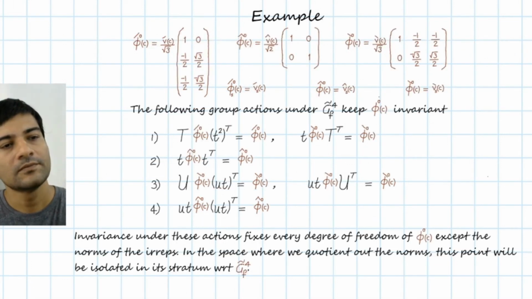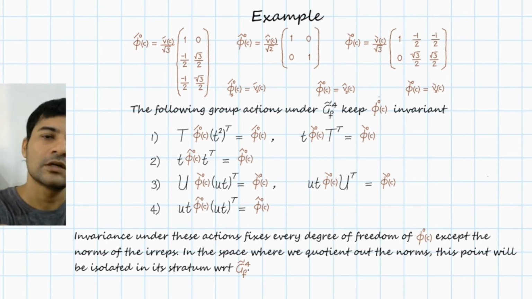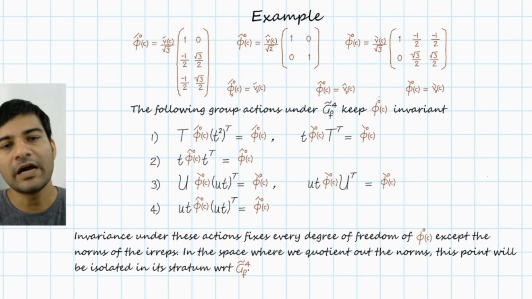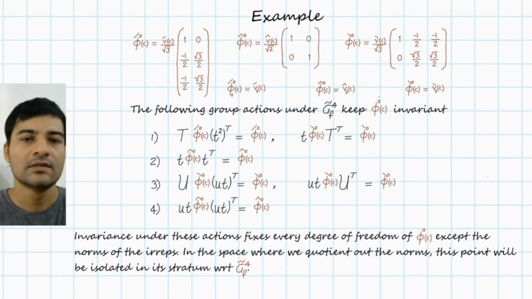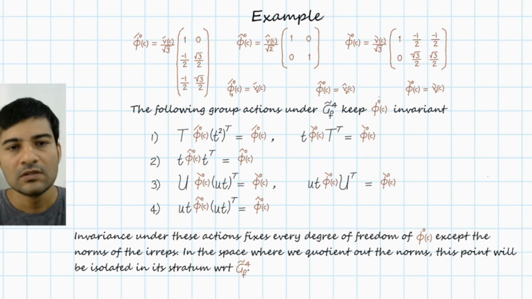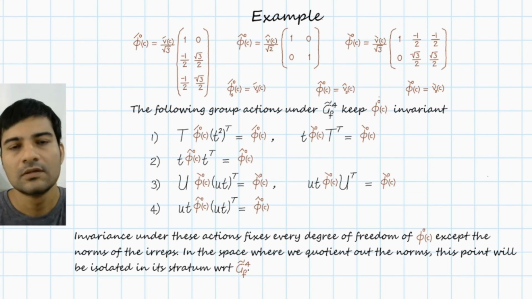Therefore, if you quotient out the norms, then in the resulting space, the point corresponding to this state will be isolated in the stratum with respect to the larger group G tilde 4.